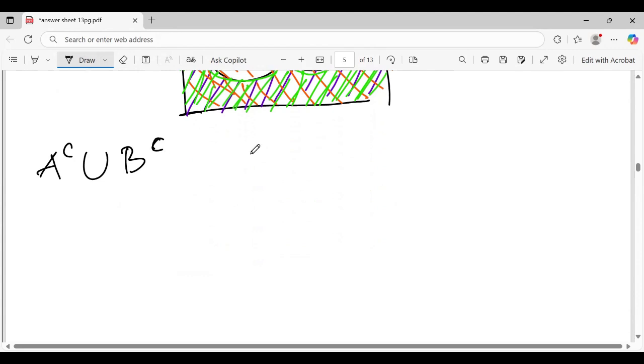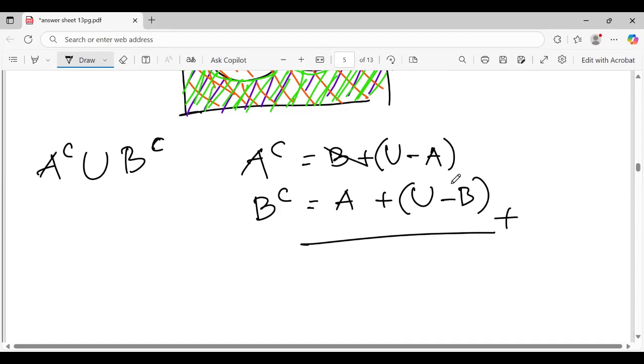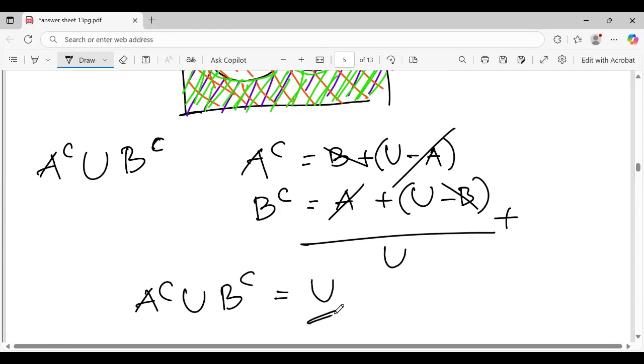So my explanation is like this: A complement is U minus A, and B complement is U minus B, the elements of the universe minus the elements of B. If we calculate, it's going to be B minus B equals 0, A minus A equals 0, so it's going to be U. So it means A complement union B complement equals the universe.